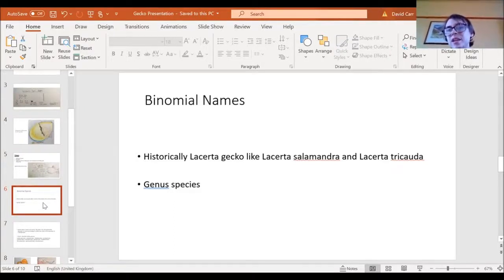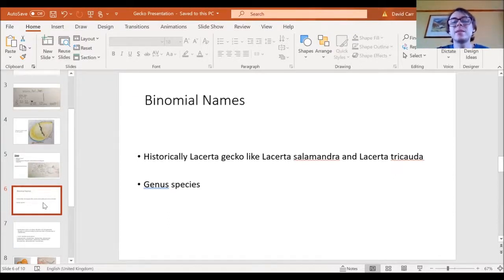is now used for a genus of lizards which isn't geckos. But Lacerta used to also be used for Lacerta salamandra, which was a salamander, and Lacerta tricorda. We'll come on to tricorda, but you had Lacerta salamandra, Lacerta gecko, and I think crocodilians could also come under that name.